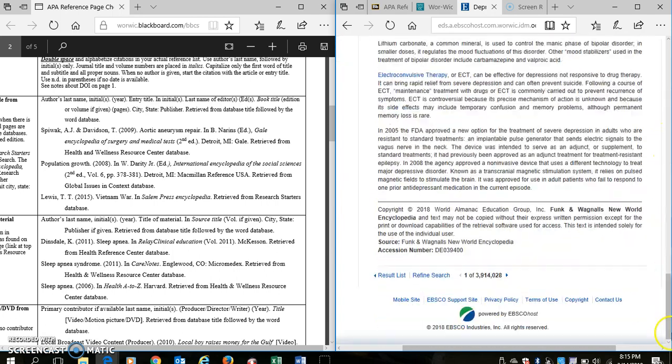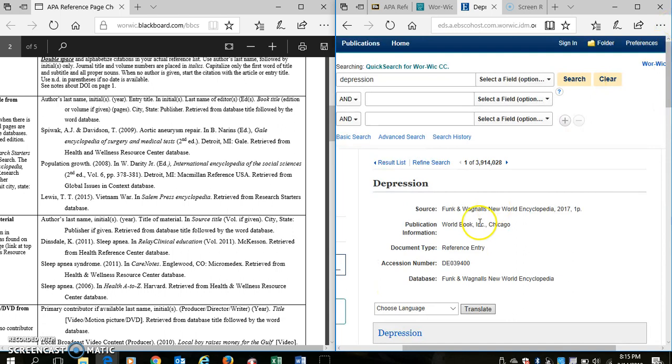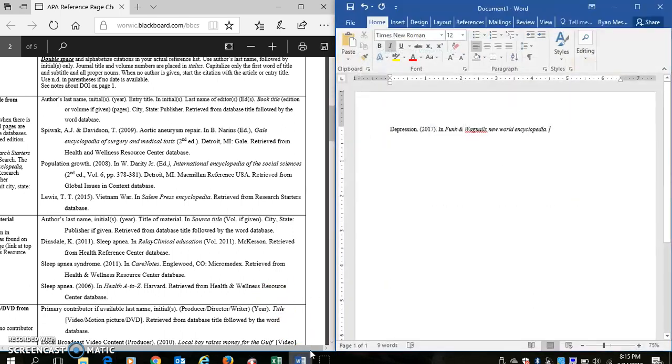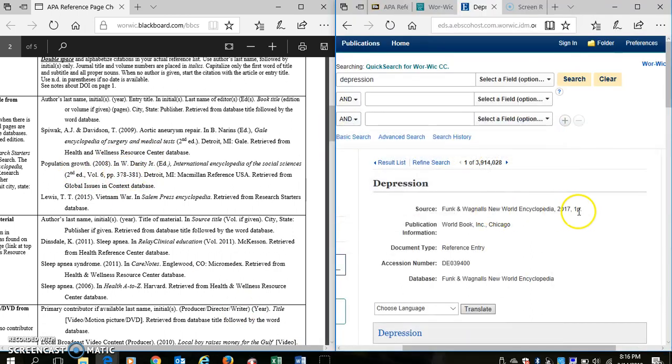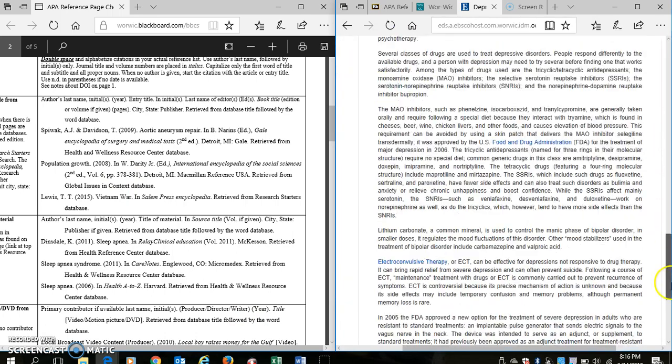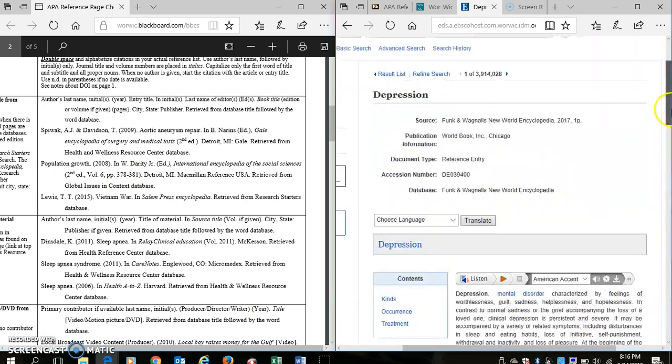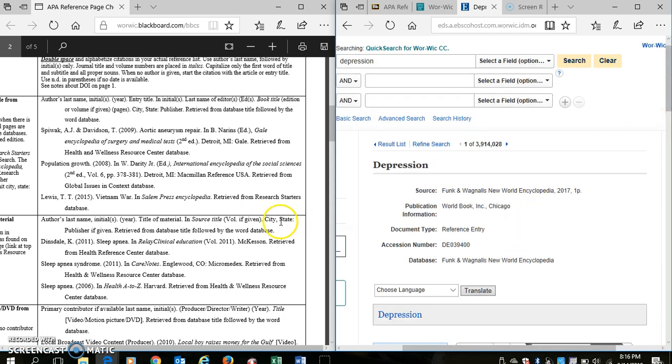But if we come down, again, even at the bottom, it doesn't say anything about an edition, so we can assume that this is just the first edition. So we have in Funk and Wagnall's New World Encyclopedia. We don't know the edition. It doesn't say anything about volume number, and it doesn't even really give us specific page numbers. If you took a look, it just said 1P, which means that this entry in the encyclopedia just takes up one page. So they don't even give us the actual page numbers that it appears on.